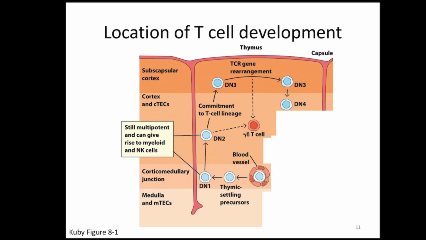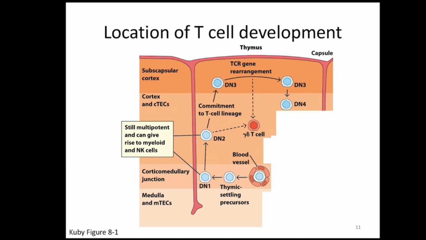When this happens a little bit later, we're seeing a situation where the cell is not able to make a good alpha. Maybe it made a good beta, and try as it might, it can't make an alpha. It just keeps messing up alpha. At some point, it might actually get gamma and delta rearranged.